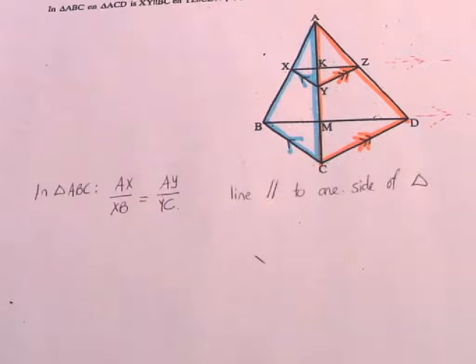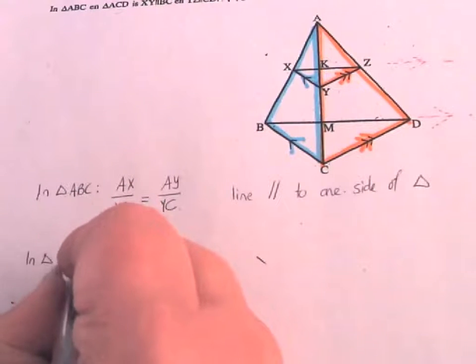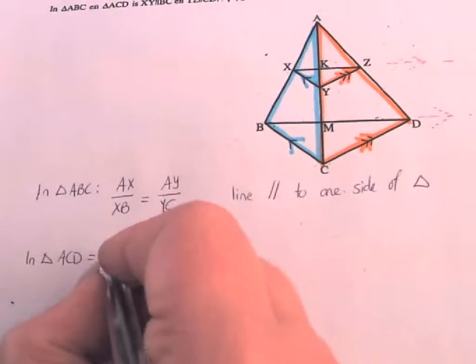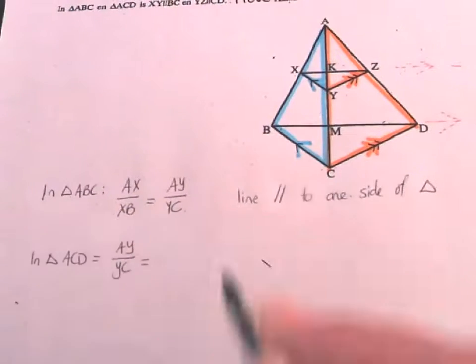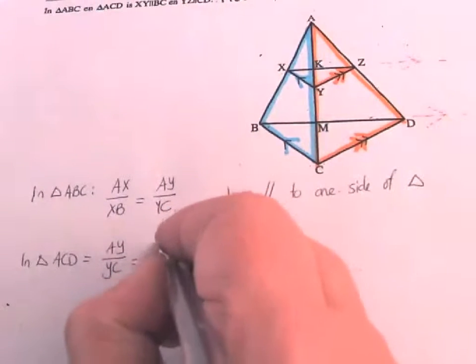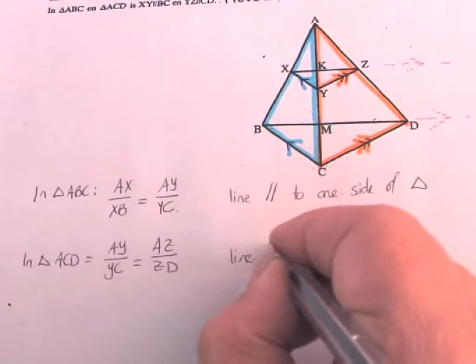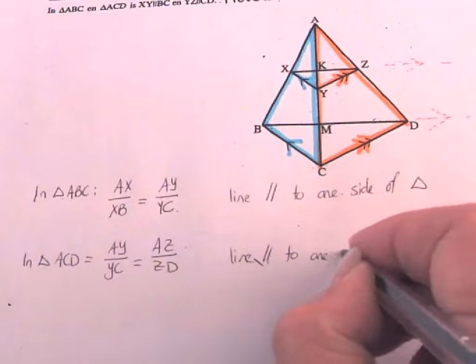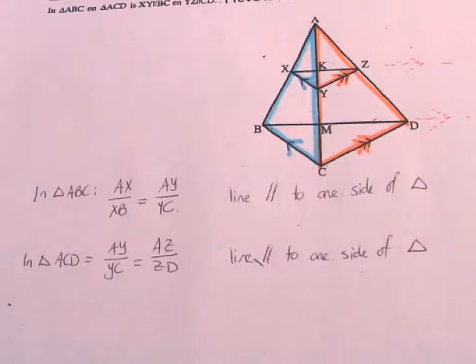Now, in the other triangle, in triangle ACD, we have AY over YC equals AZ over ZD. A line is parallel to one side of the triangle. Why?